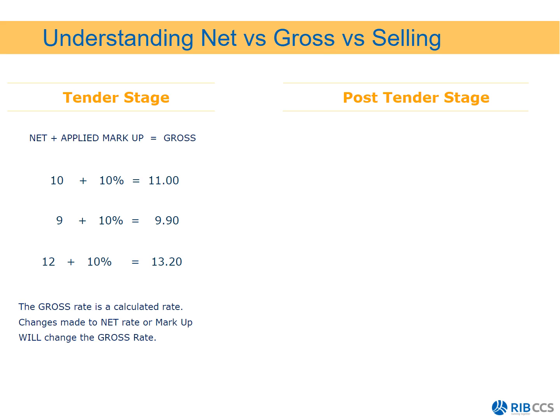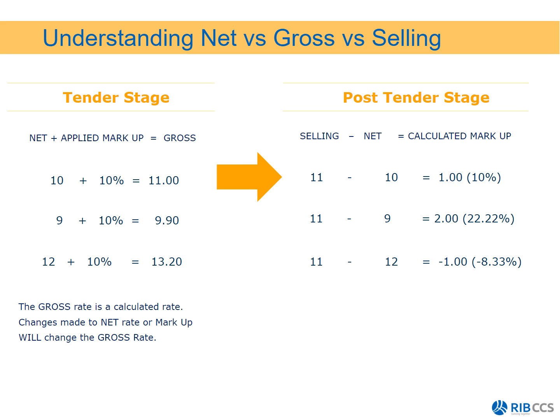At the post-tender phase, your selling rate minus your net gives you your calculated markup. So you'll notice at the tender stage, it is called applied. Post-tender, it's calculated. So now we take the gross rate and we copy it into our selling. Because remember, if we get any discounts from our suppliers or subcontractors, we don't want to pass that on to our clients. So we still have our 11 minus our net of 10, which gives us our 10%.